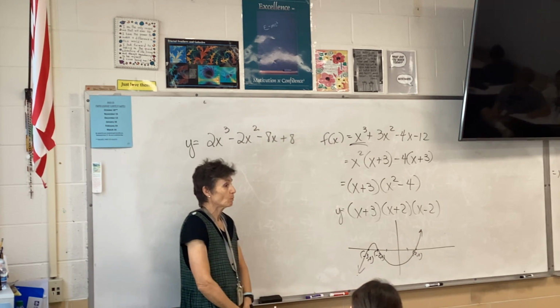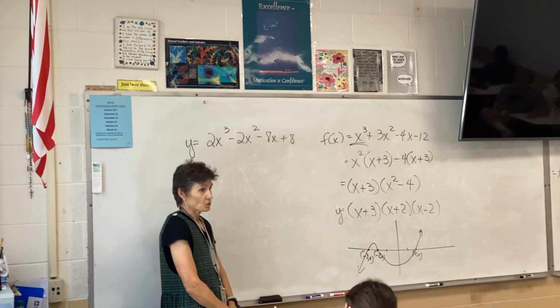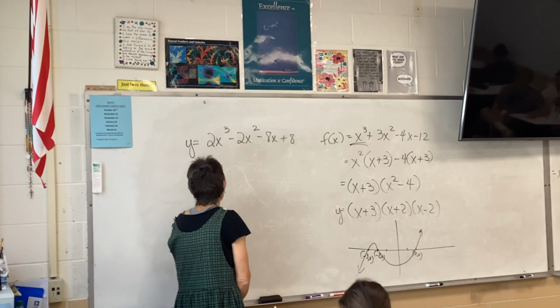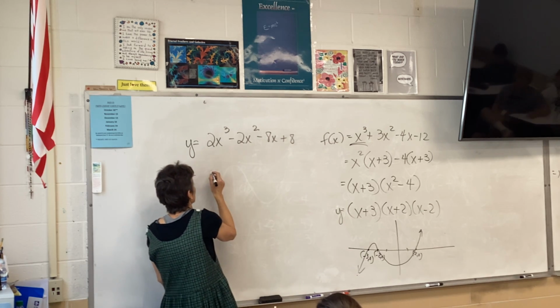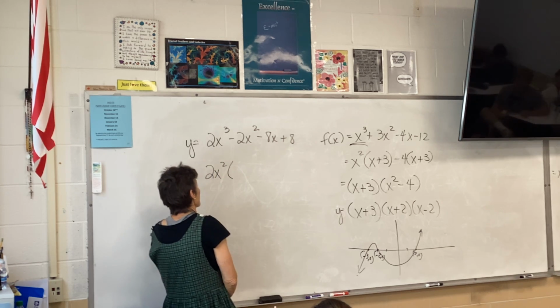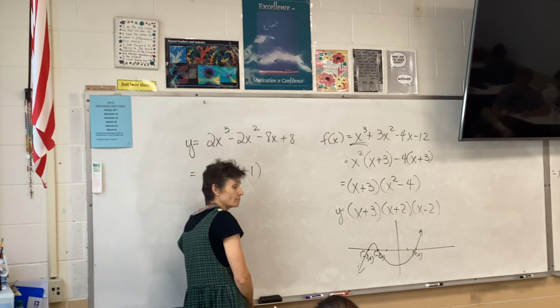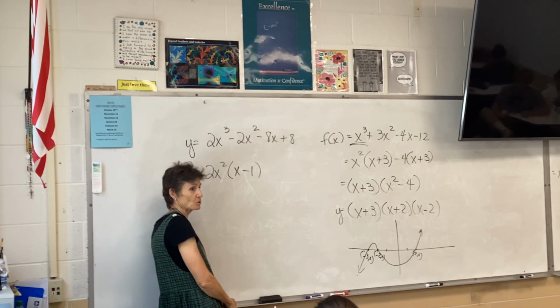Last one we do today, one more. Shall we approach it the same way? Yes. So what can we take out of the first two? 2x squared. And what will we be left with? X minus 1. Make sure you can do that.